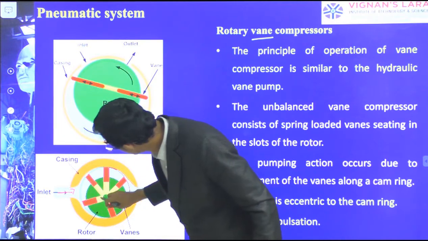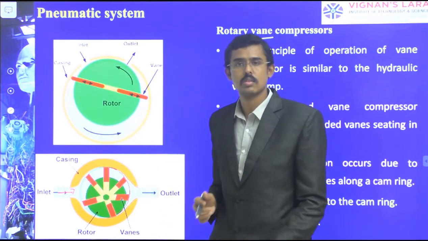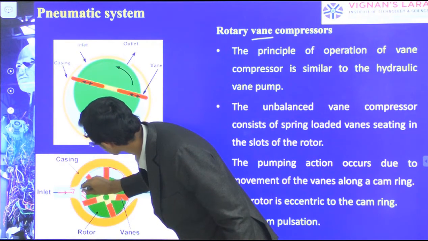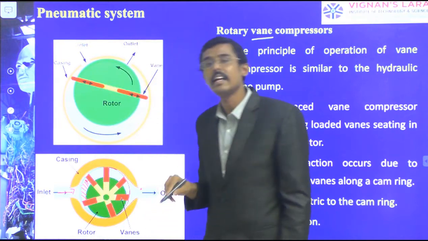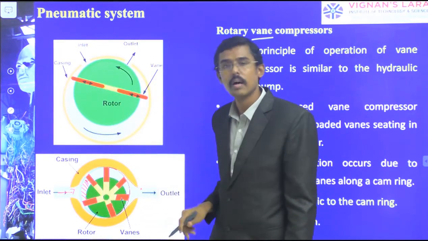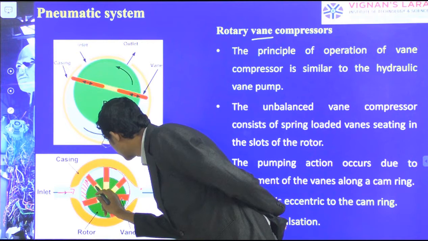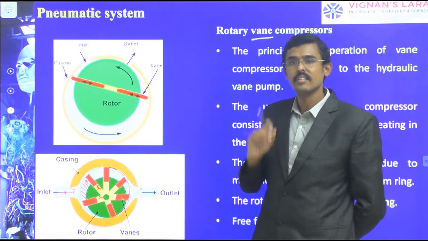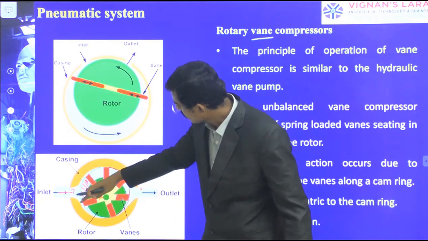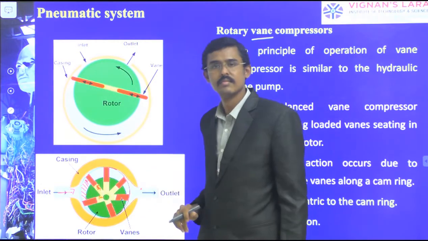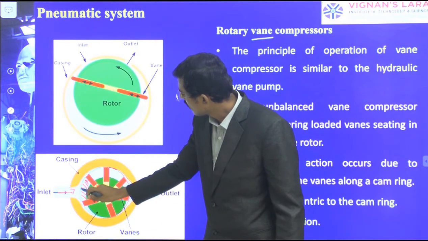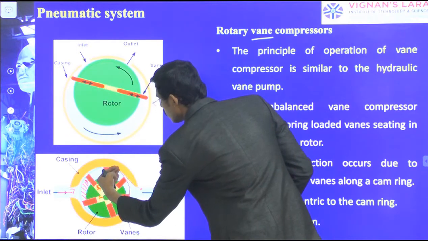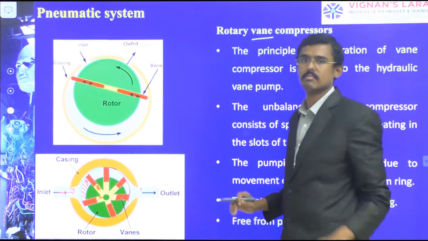In between these two strips the volume has been filled, and this is operated by a spring mechanism. When this shaft is rotating, the rotor is rotating, this volume has to move to this side, and this volume has to come here and take exit.